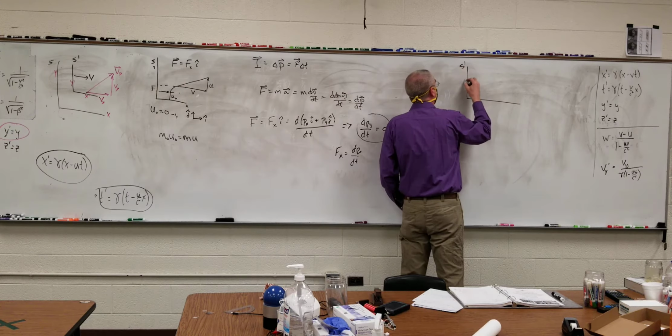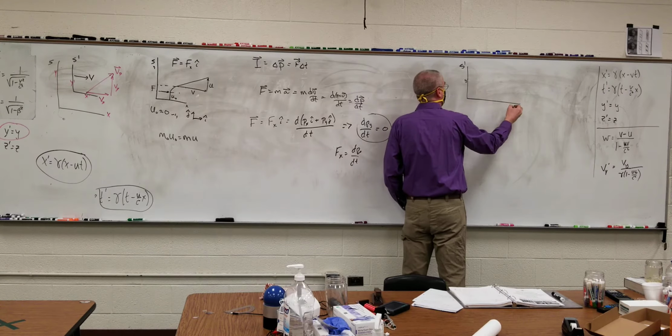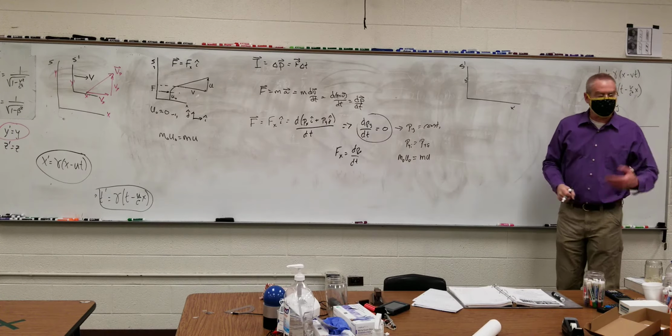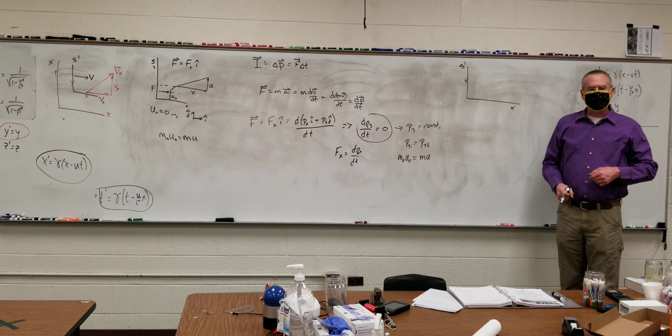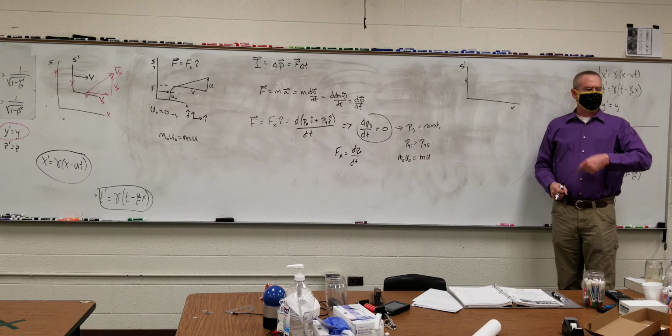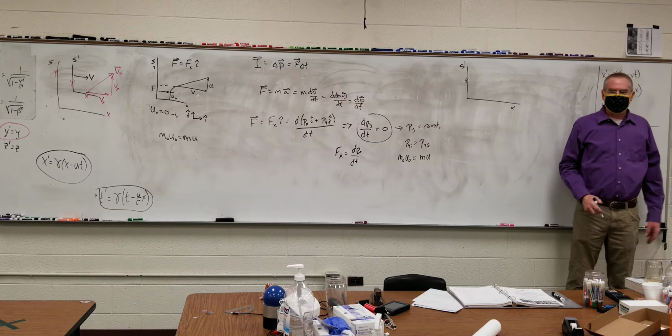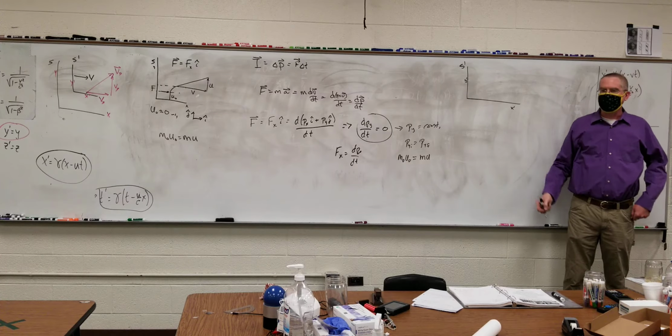So in the S prime frame, this is my Y prime and X prime. The particle in the S frame is going up like this. In the S prime frame, which way will it be going? S prime is shooting this way, while this particle is moving up like that in the S frame.